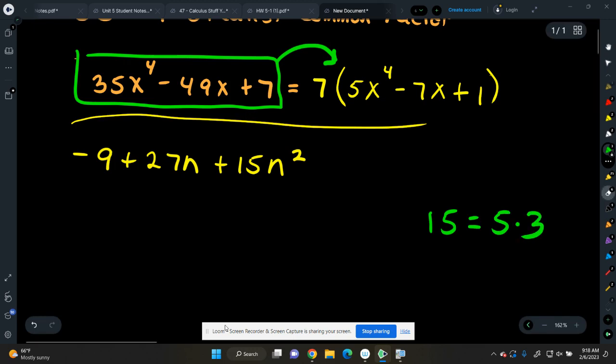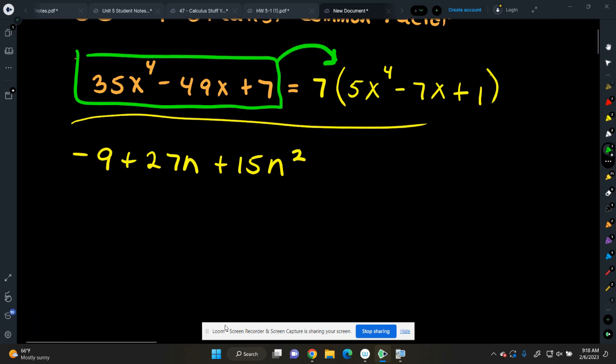But we're not solving anything. Okay? So when you are asked to factor, one of the ways you know that you're not solving it is that you won't have an equal sign written there. You're going to put the equal sign because you're telling me that they are equivalent.